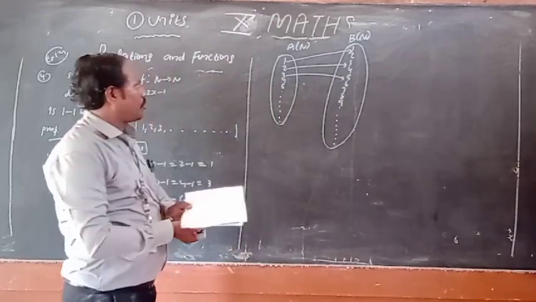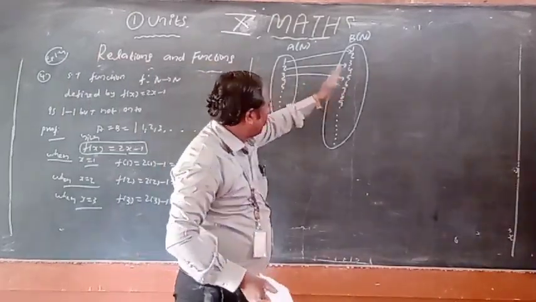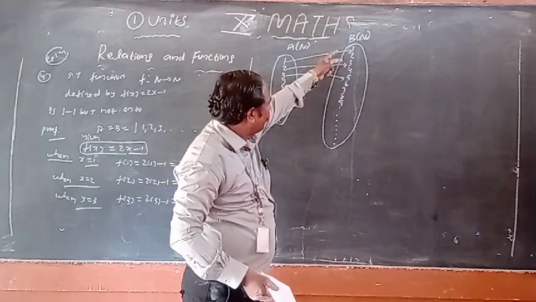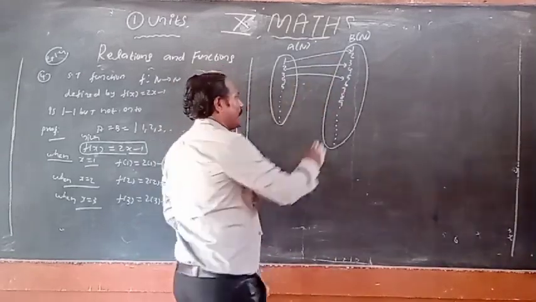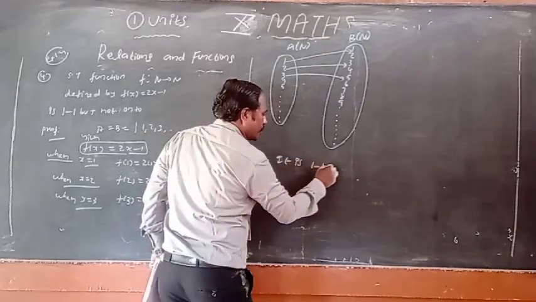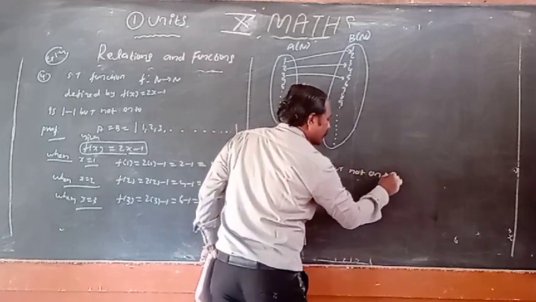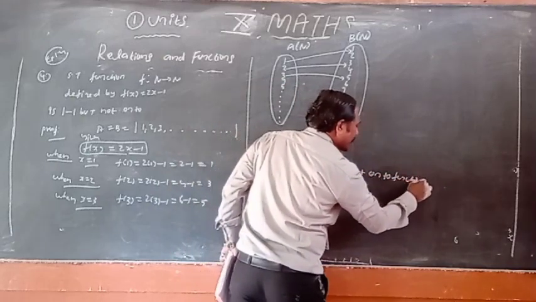So every image of the domain is in the codomain. So on this side one element goes to one place, but on this side alternate elements will come. So the remaining elements are left. It is 1 to 1, but not onto function.